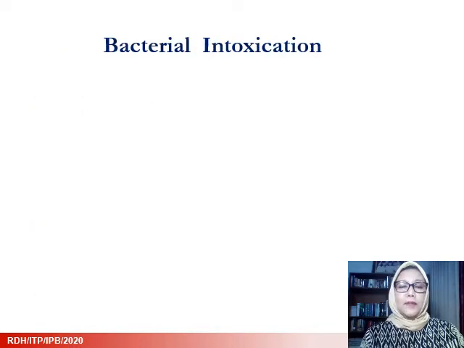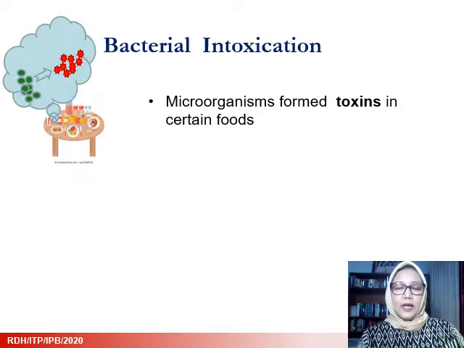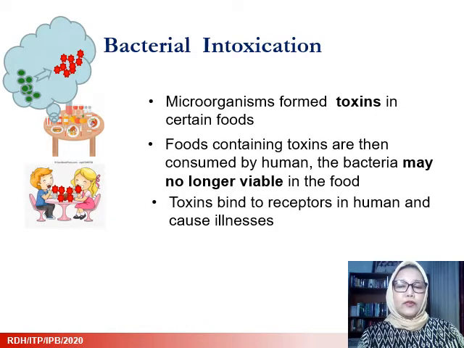Let's move to bacterial intoxication. Bacterial intoxication starts when microorganisms in food form toxin. The foods containing toxins are then consumed by humans, and by this time, the bacteria themselves may no longer be viable in the food. The toxins that are consumed could bind to receptors in humans and cause illnesses.